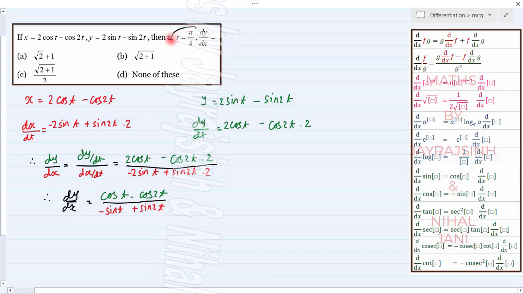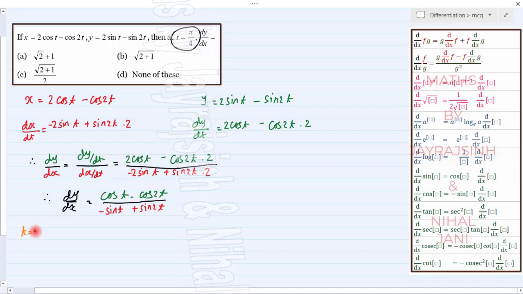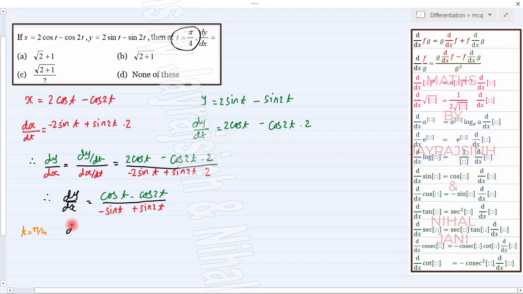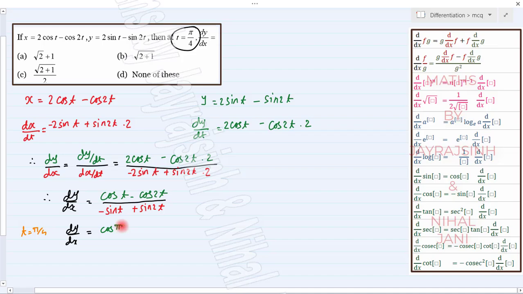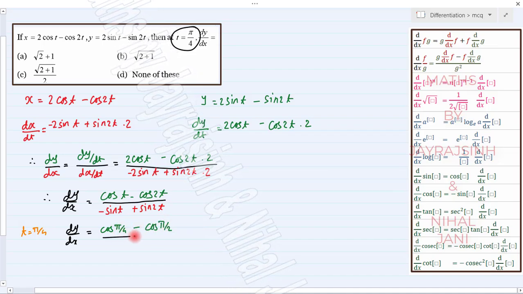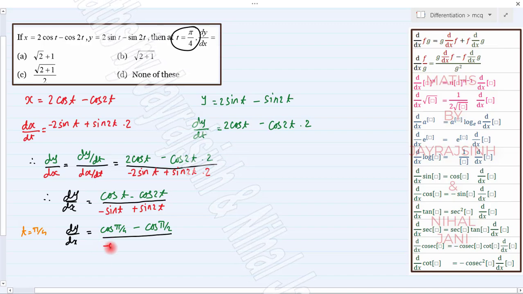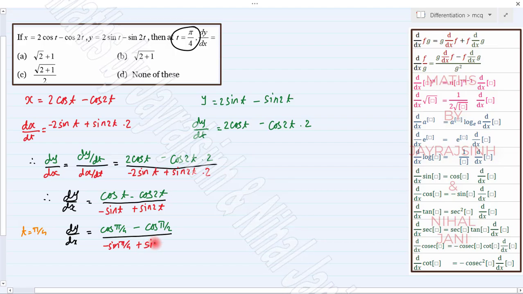But we need to get dy by dx at t is equal to pi by 4. So let's substitute t is equal to pi by 4. So your dy by dx will be cos pi by 4 minus cos pi by 2 upon minus sin pi by 4 plus sin pi by 2.